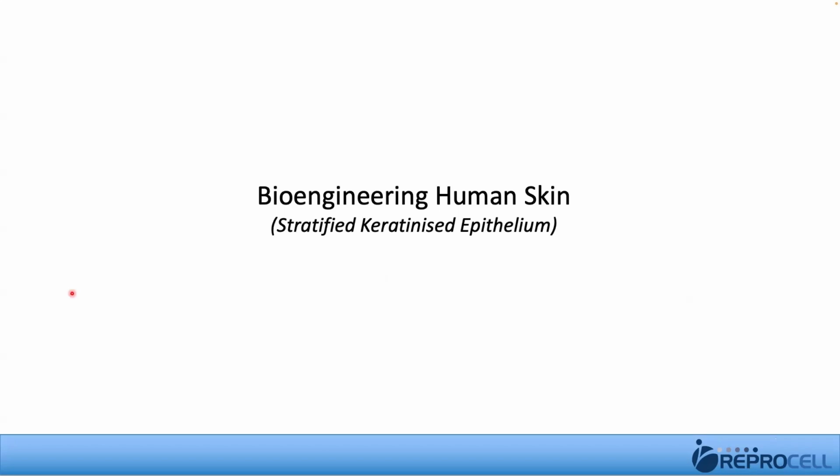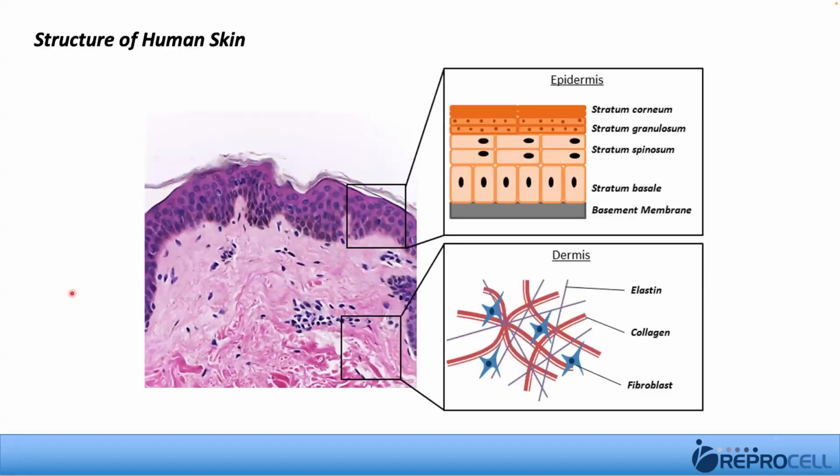So this is a stratified keratinized epithelium. So in simple terms, the skin comprises epidermis and dermis. These two compartments obviously interact with each other. The dermis is complex.